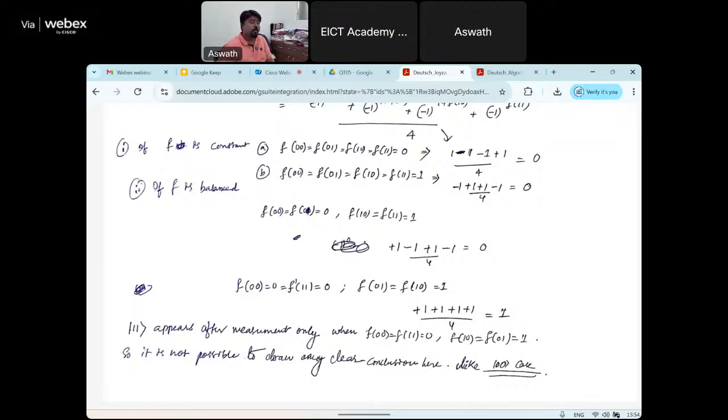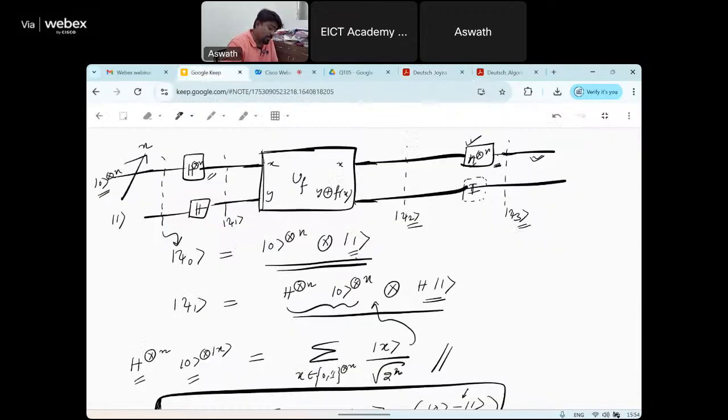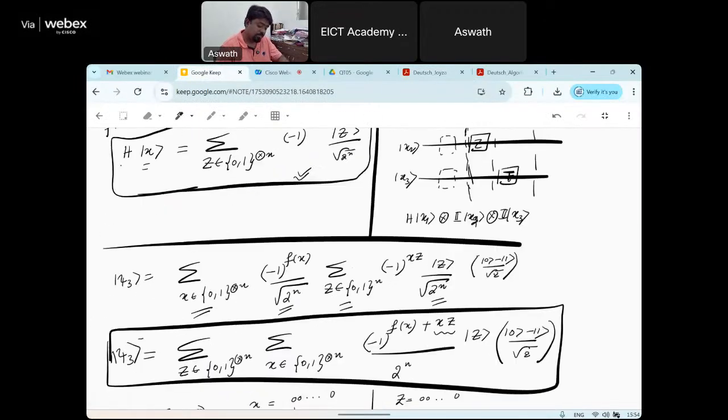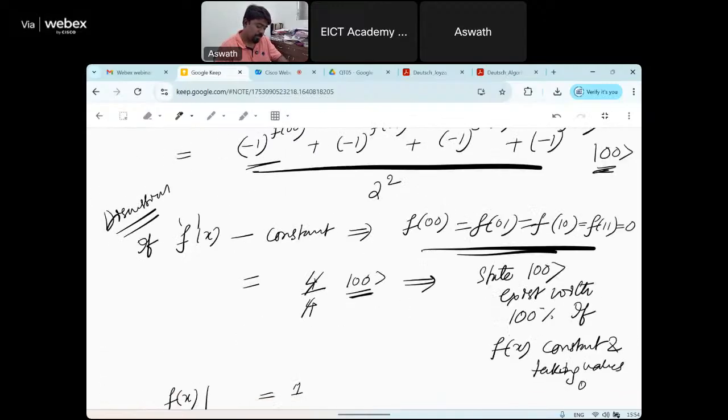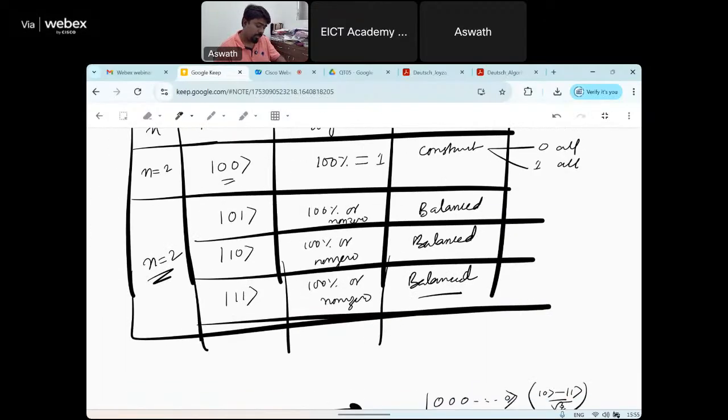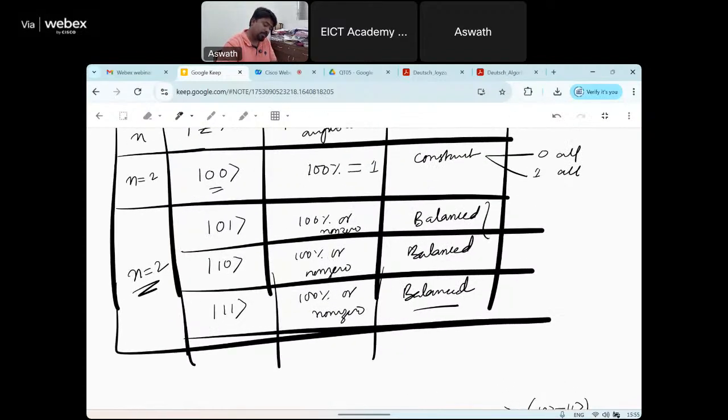If there is any doubt, let me know here. Yes, for a balanced case, the probability came to 0 for the 0, 0 ket. You are right. I have a table for that. Going back to the table, take any balanced case, which means the 100% probability is there for 0, 1, 1, 0, 1, 1, but 0 probability for the 0, 0 ket.